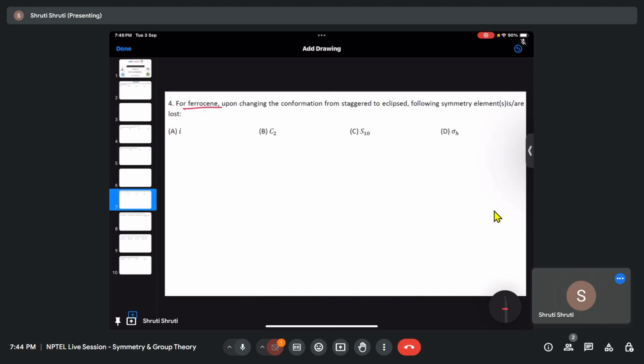For ferrocene, upon changing the conformation from staggered to eclipsed, which of the following symmetry elements is or are lost? Ferrocene looks like this, which is eclipsed, and eclipsed has point group D5h.